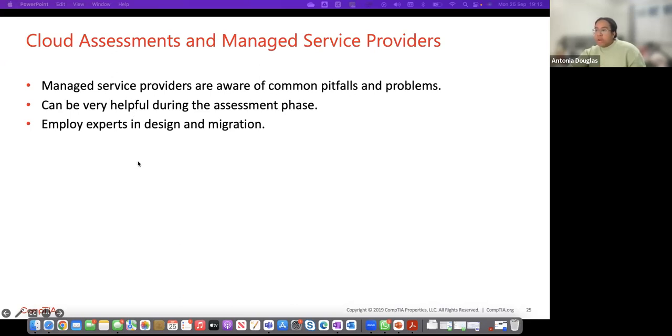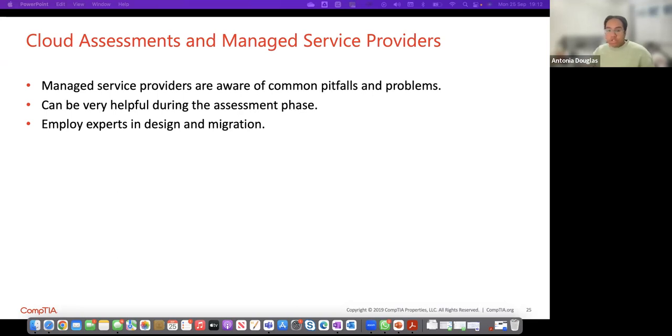Managed service providers are aware of common pitfalls and problems, so they will have that expert knowledge to bring to the table. Where we don't necessarily have the knowledge, we might want to outsource and bring that knowledge in. It can be helpful during the assessment phase, and they can employ experts in design and migration.